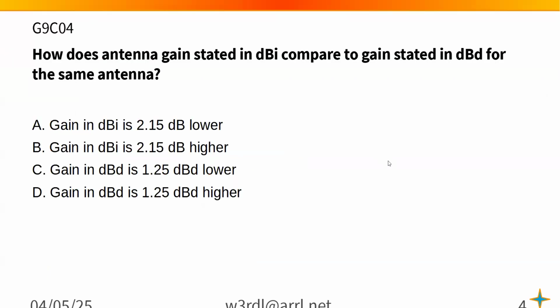So how does the antenna gain stated in dBi compare to gain stated in dBd for the same antenna? See, those questions we had earlier were for generals. So this is the same question for extras. Just the opposite.